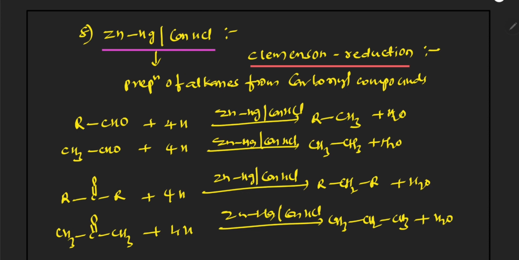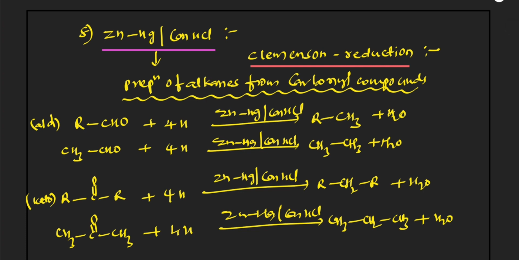This is the Clemmensen reduction. The reagent is zinc amalgam in concentrated HCl, mainly for the preparation of alkanes from carbonyl compounds. Aldehydes and ketones are reduced with zinc amalgam and concentrated HCl to give alkane.